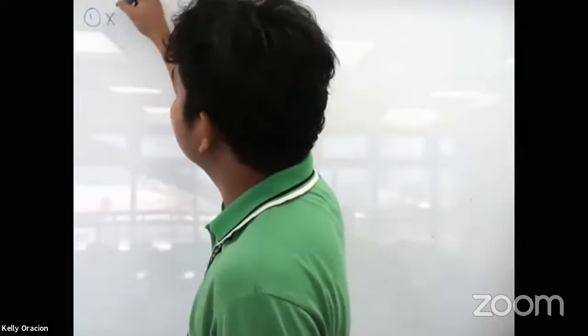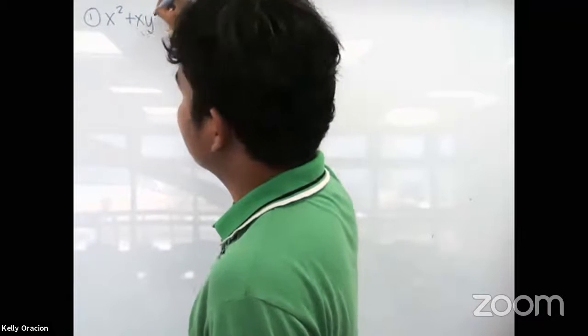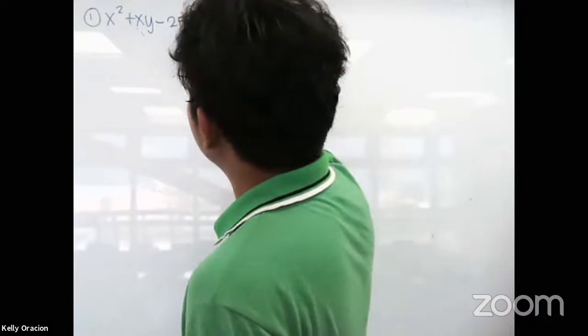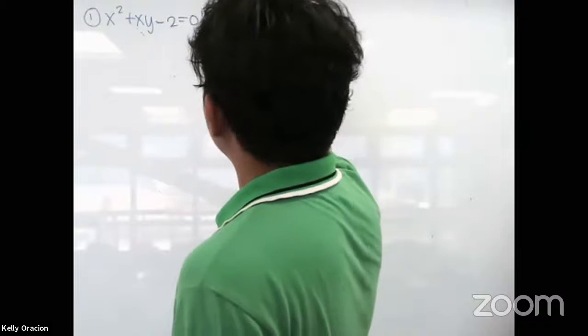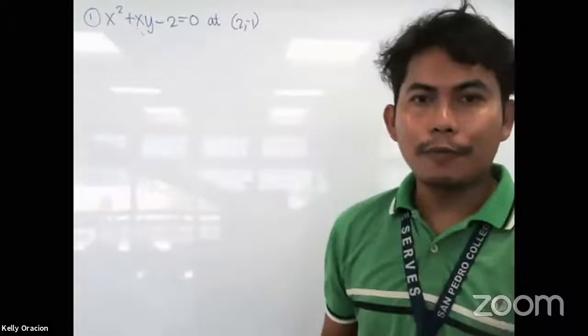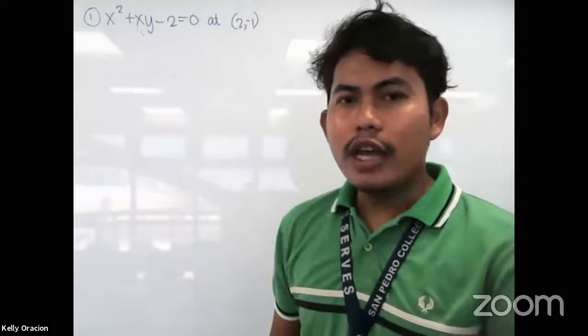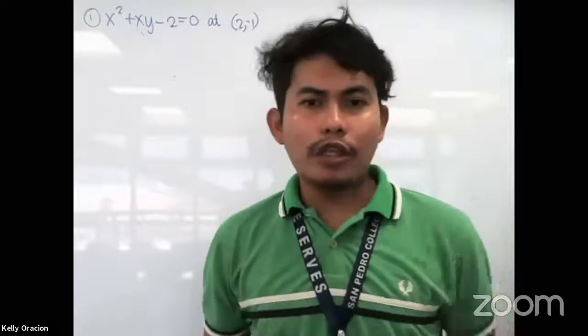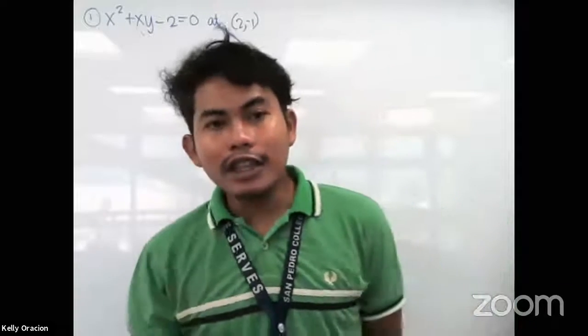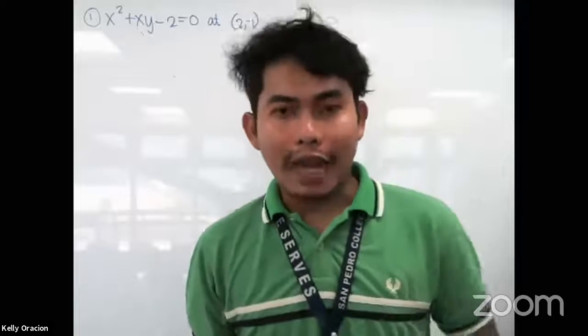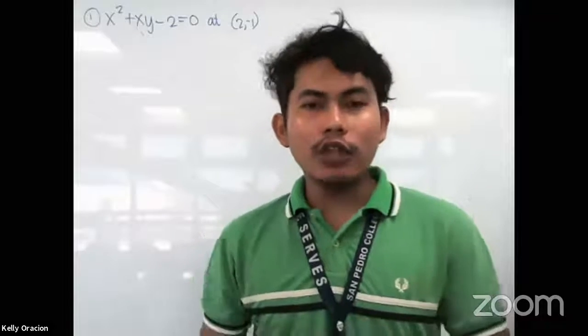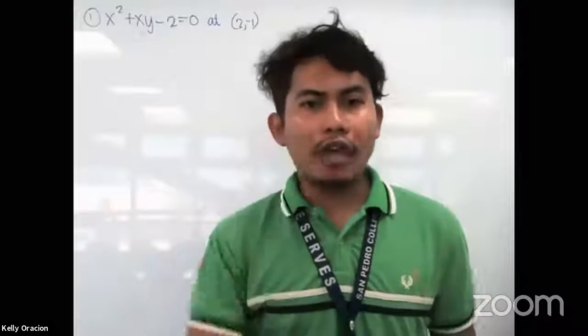Okay, so let's have our first example. Now, our goal here is to find the equation of the tangent line and the equation of our normal line. Again, ang goal natin dito is to find the two equations.